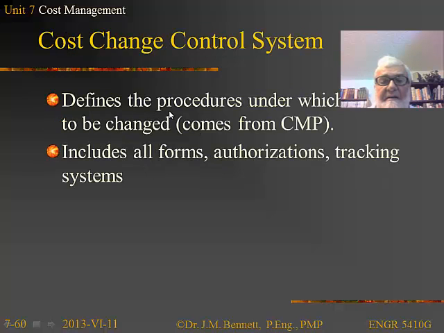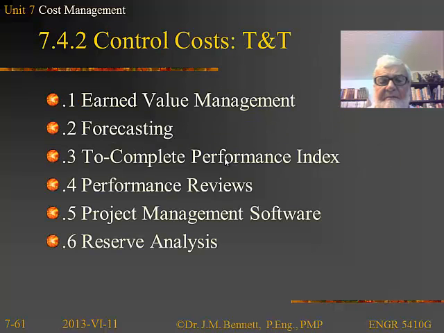And we may have a cost change control system, which basically defines the procedures under which the cost baseline is to be changed. This will come from the cost management plan, and if it's different from the ICC, then it has to be detailed. And it's different in the sense that the forms and the authorizations are probably coming out of senior management and not out of the project team itself.